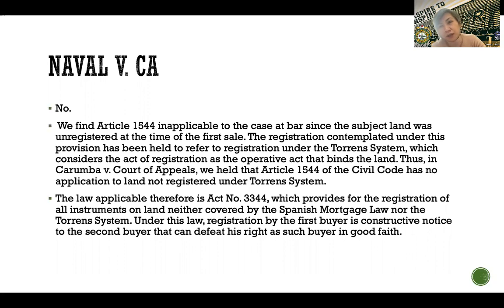So take note, the first sale in the Naval case was of unregistered land. And the alleged sale to the granddaughter came before she obtained an OCT for that. So we don't apply the rules in Article 1544.